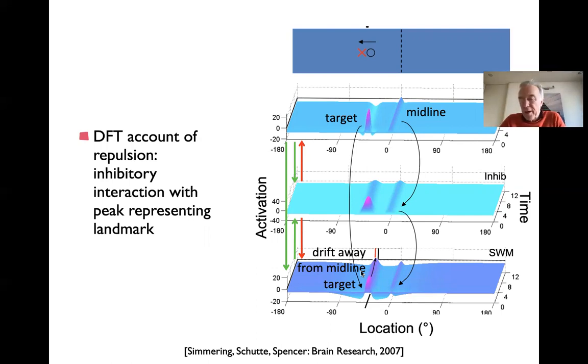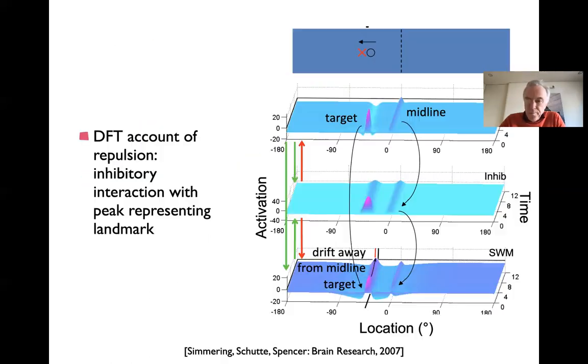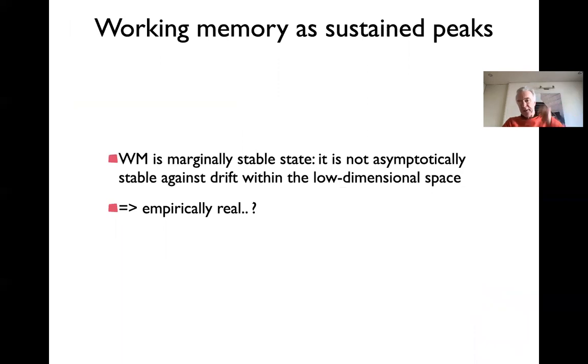And this is the model that accounted for the effects I just showed, that made this kind of data. So this is to say that there are some signatures of this being a model that actually captures behavioral signatures of working memory.